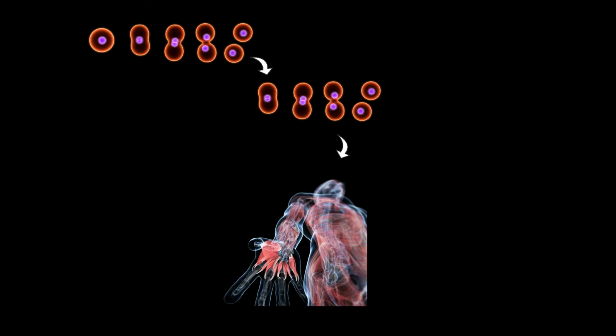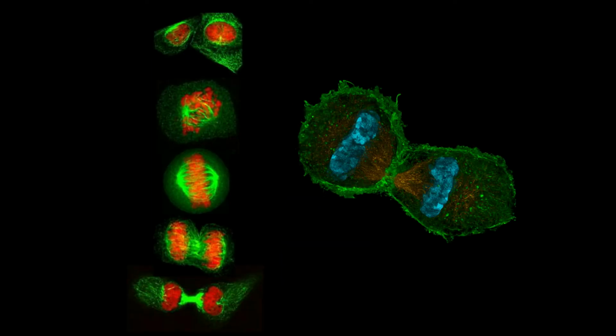Now there is a problem. Every time a cell divides, if it's true that the two daughter cells need their DNA, and the mother cell has just one DNA molecule, it means that the mother cell has to duplicate or replicate her DNA.